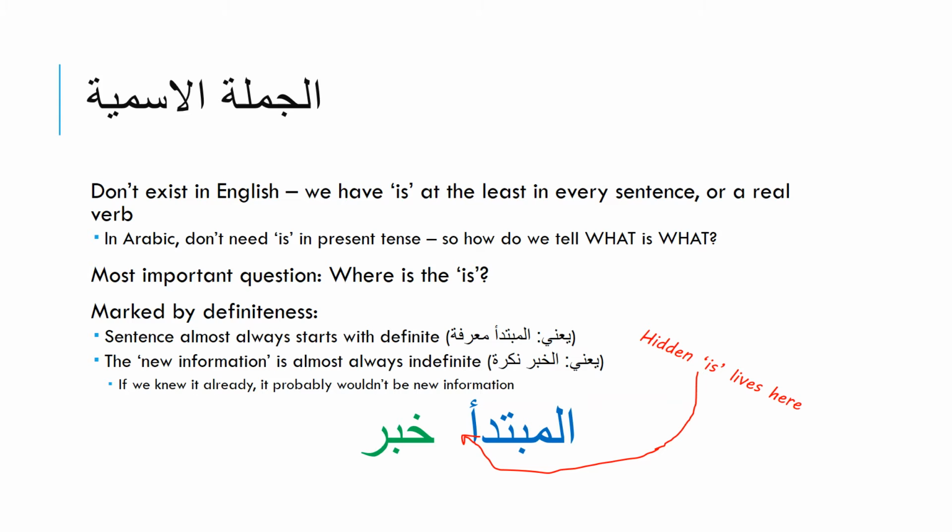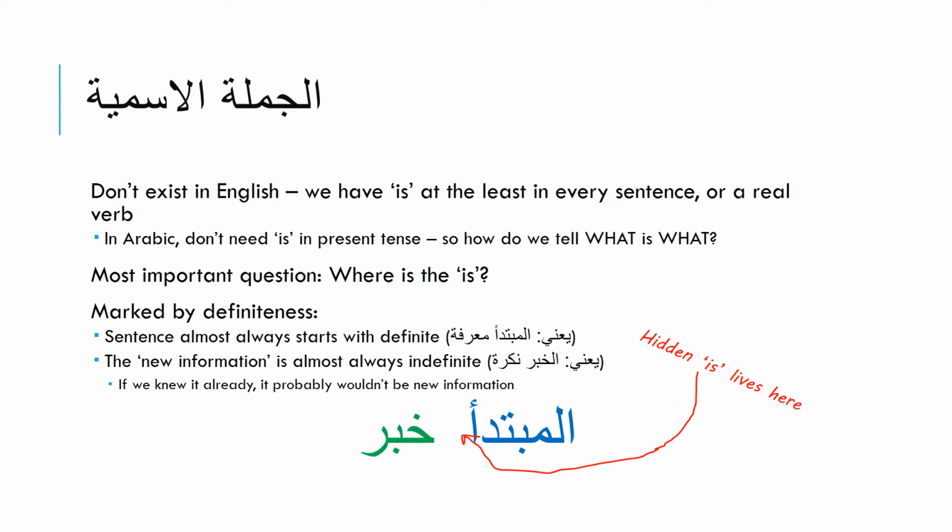Well, luckily, Arabic makes this a little bit easier in general by marking the two parts of the sentence with different amounts of definiteness. So, a sentence almost always starts with a definite. This means that al-mubtada is almost always ma'rifa.